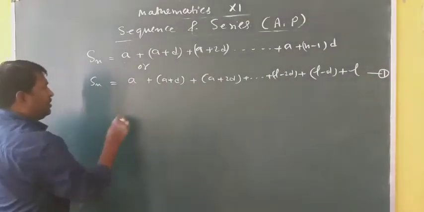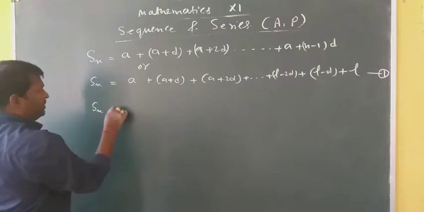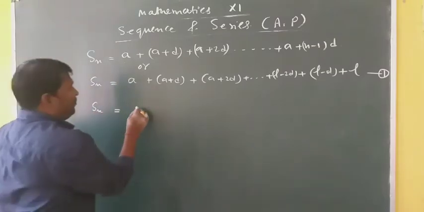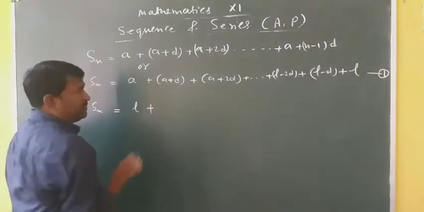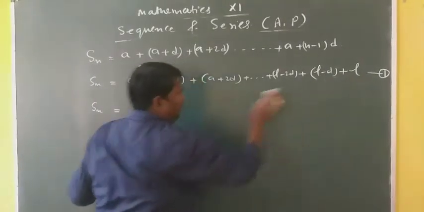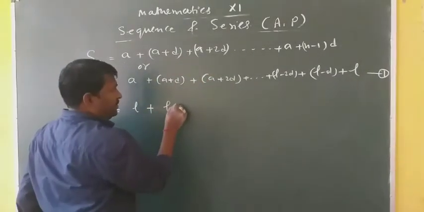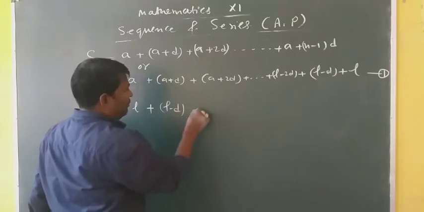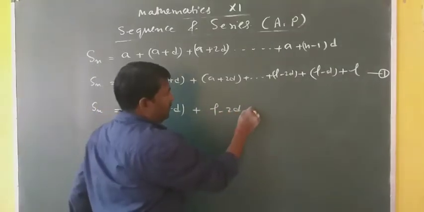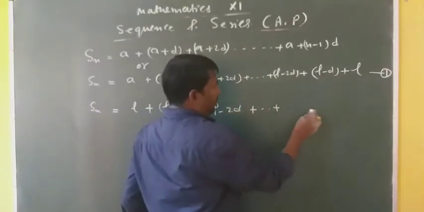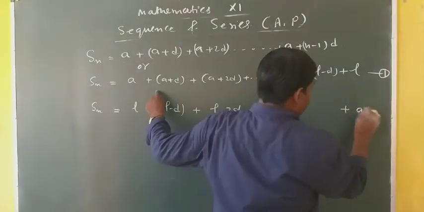And in reverse order, the same thing you can write: Sn is equal to, from the reverse order, L first, plus L minus d, plus L minus 2d, plus and so on. Here, this first will come in last.